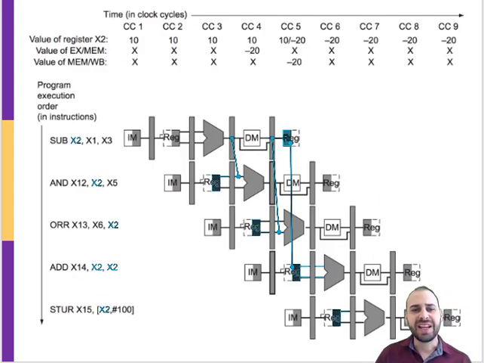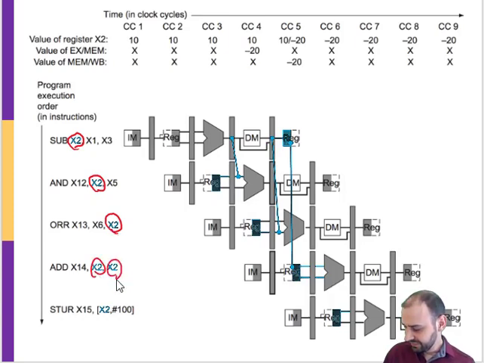Another way to look at this is a little more detailed example. In this case, x2 is being written to by the subtract instruction, and it's used in the next multiple instructions after it. We've got this dependency with register 2.